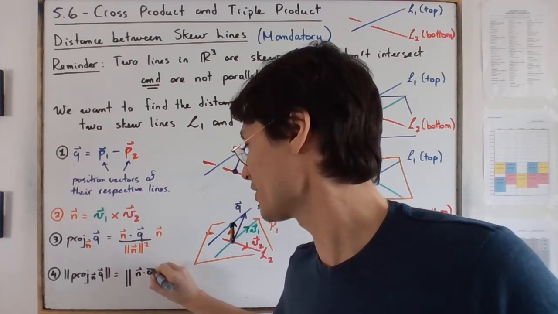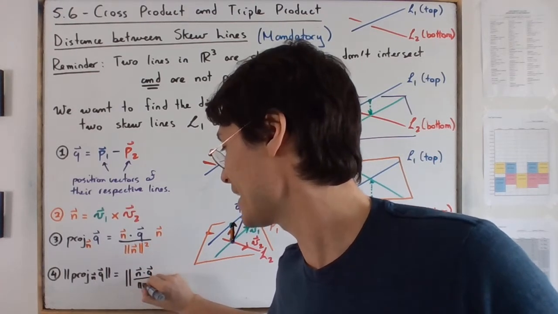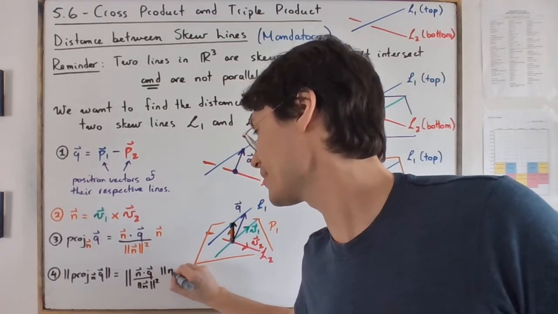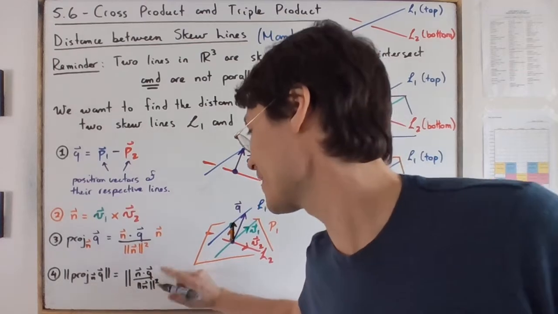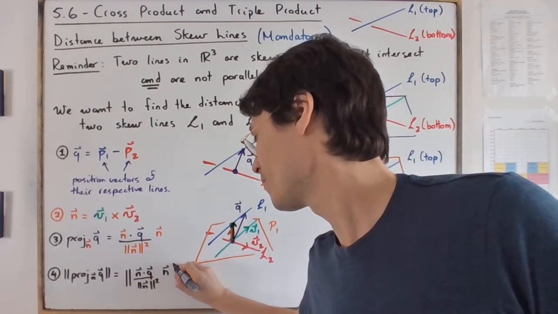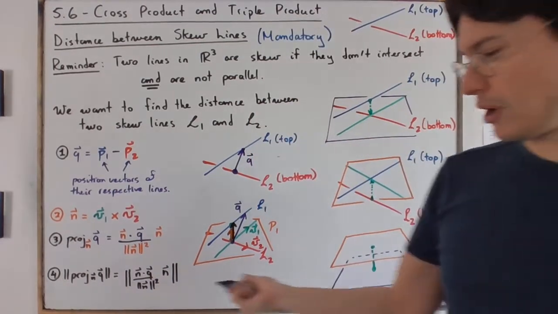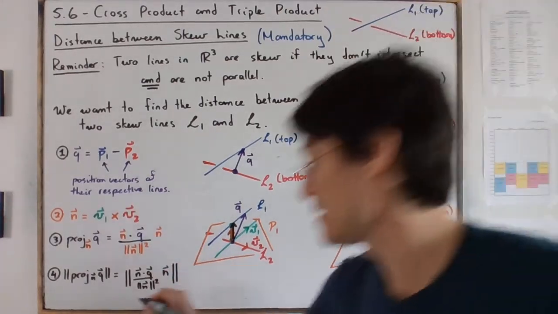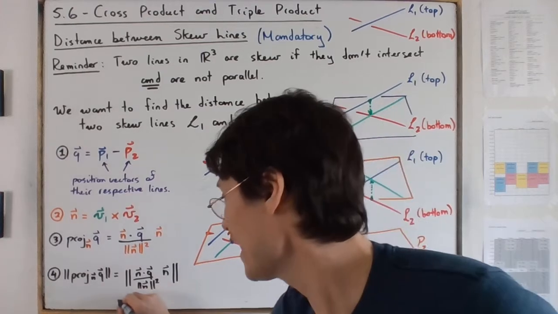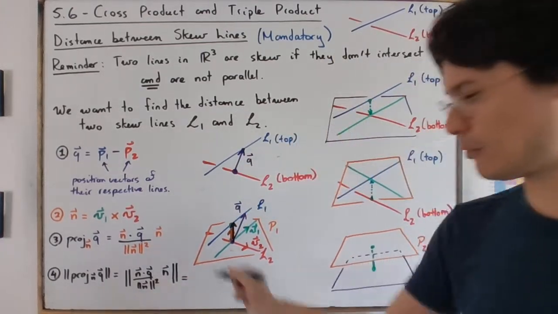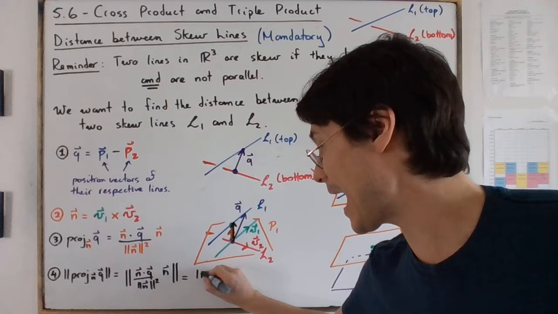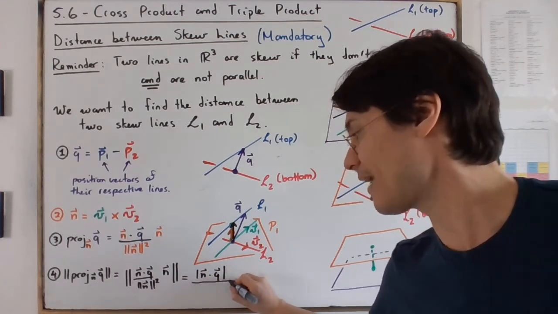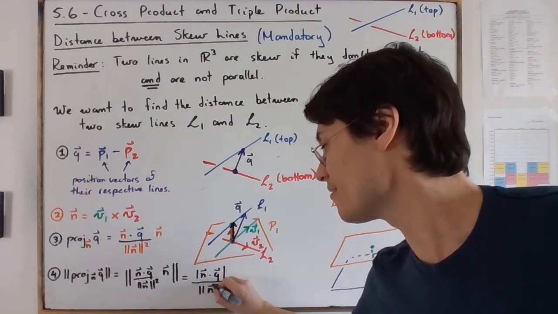We have N dot Q divided by the norm of N squared, multiplied by the vector N. The reason I do this is because you can easily simplify this. Unfortunately, I don't have space, so I will write it right here. It's going to be the absolute value of N dot Q divided by the norm of N.